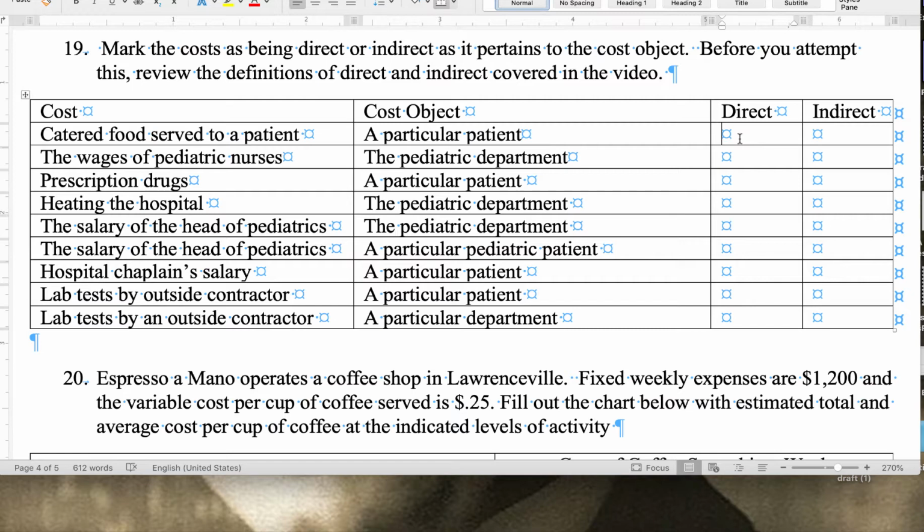It's very important that you try this on your own so that you're actually working with the definitions and actively trying to apply those definitions to identify the cost to the cost object. So if you haven't done that, pause, come back. I'll wait.